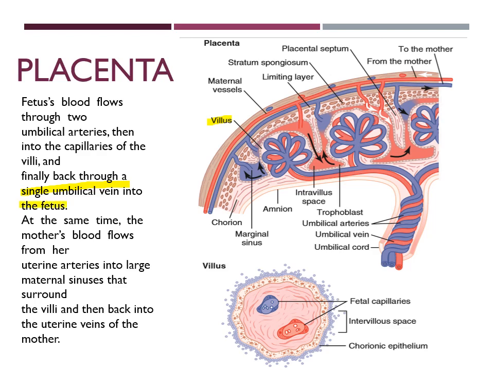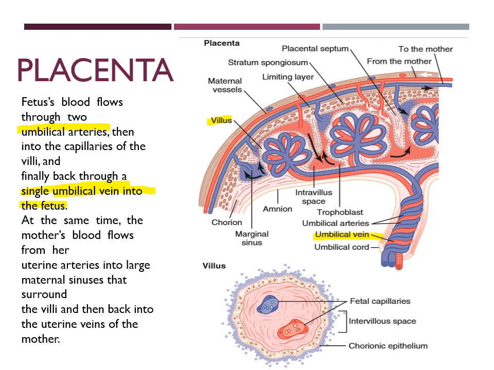So the umbilical arteries are not oxygenated. They will get oxygenated in the placenta and go back through a single umbilical vein in the umbilical cord. That is going to be oxygenated from the placenta, and the gases are going to be exchanged with the maternal vessels in the placenta.